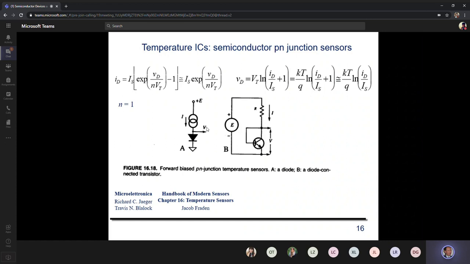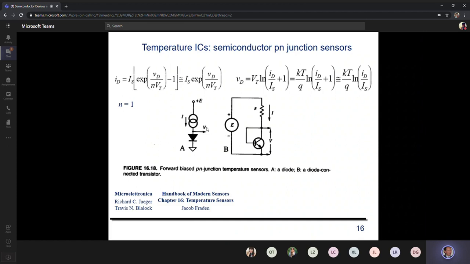Which of course is preferable. So in order to do that, we need something differential. And in order to get something differential, we may consider two devices, two circuits, almost identical to each other, and then we take the difference between two voltages.